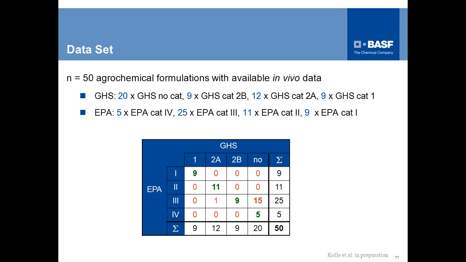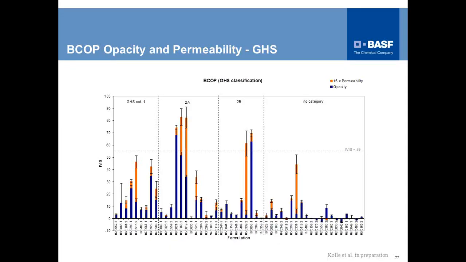We have a good correlation in the middle categories, but there's a bunch of formulations that are not classified according to GHS but have EPA category 3. This is just to give you an overview of what type of formulations have been tested. The formulations in general are multi-component mixtures made for pesticide purposes. So we have solvents in there and of course a lot of active ingredients.